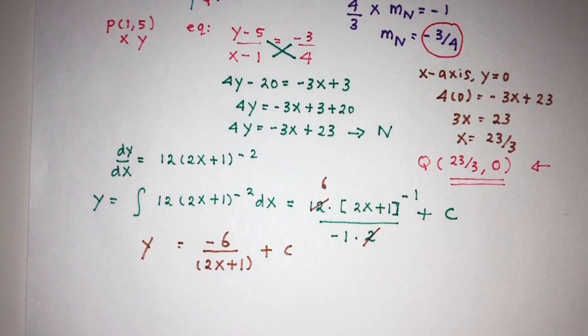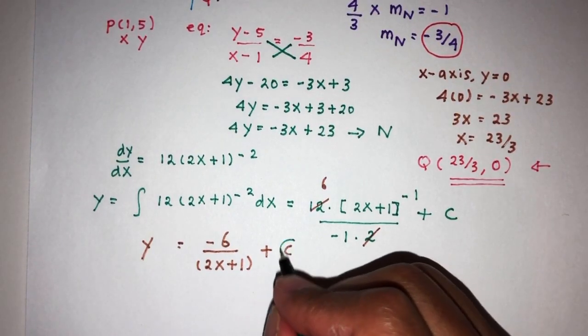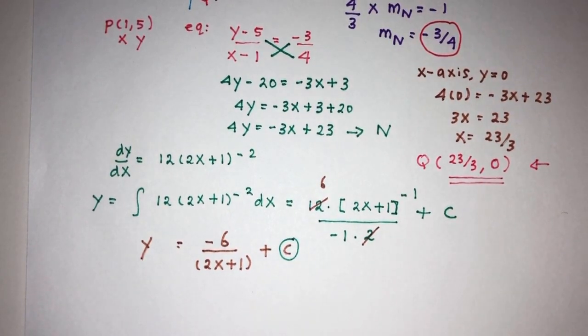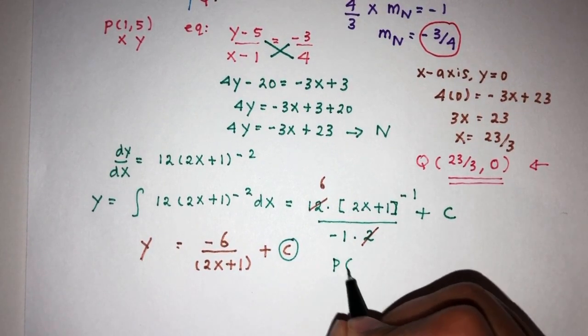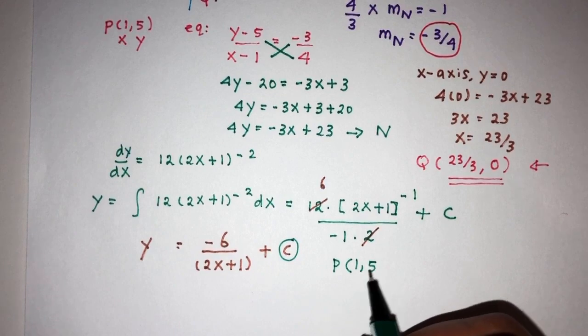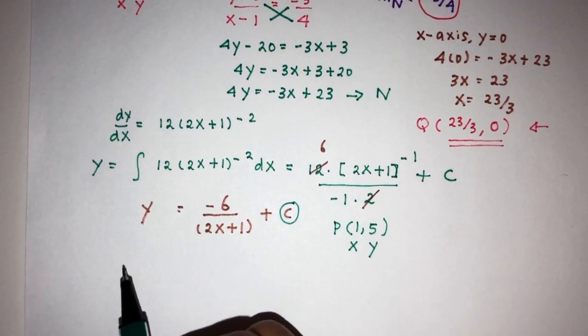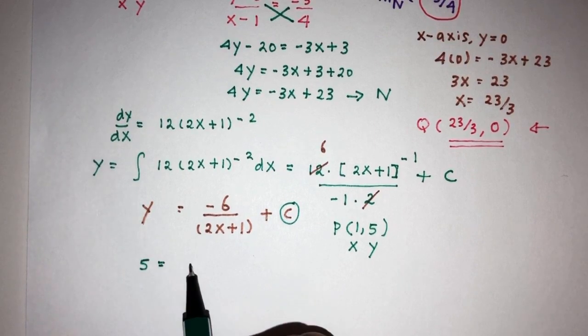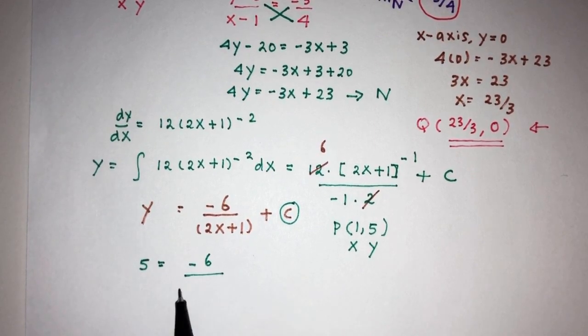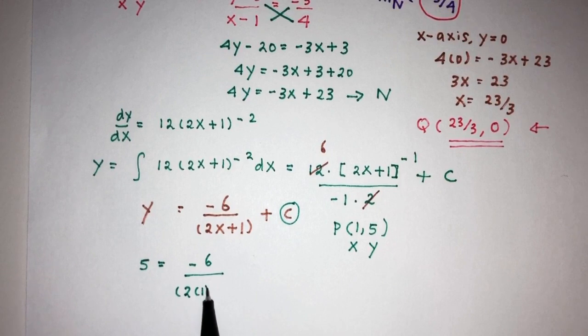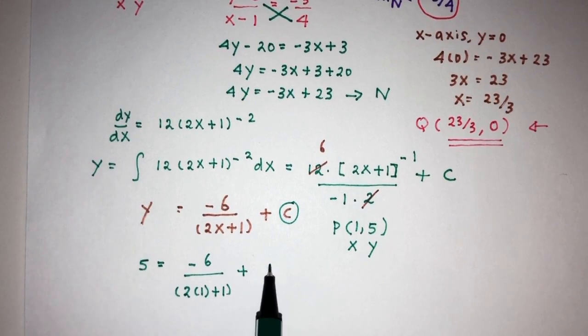Now again, it is not complete yet because we have to find the value of c. To find the value of c, we have to use the given values. We know P is a passing point. It is (1, 5), my x value and my y value. Replace back in the main equation. That will be 5 equals minus 6 over (2 times 1 plus 1), plus c.